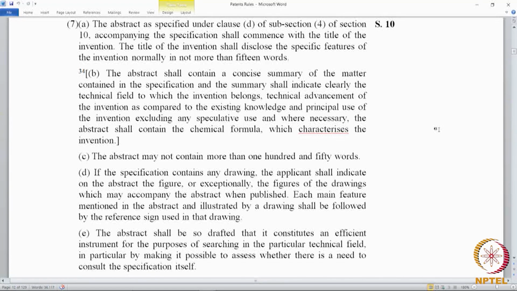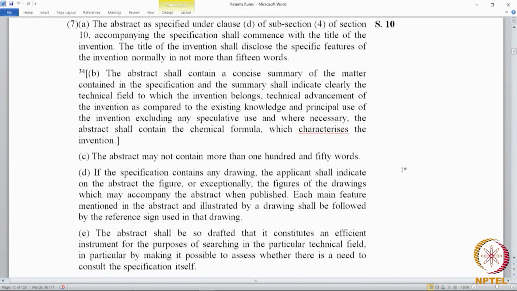The summary shall indicate clearly the technical field to which the invention belongs, the technical advancement of the invention as compared to the existing knowledge, the principal use of the invention excluding any speculative use, and where necessary the abstract shall contain a chemical formula which characterizes the invention. Now the abstract is a general summary, okay, it's a concise summary, and it should not exceed 150 words, which you will find in 13.7c.